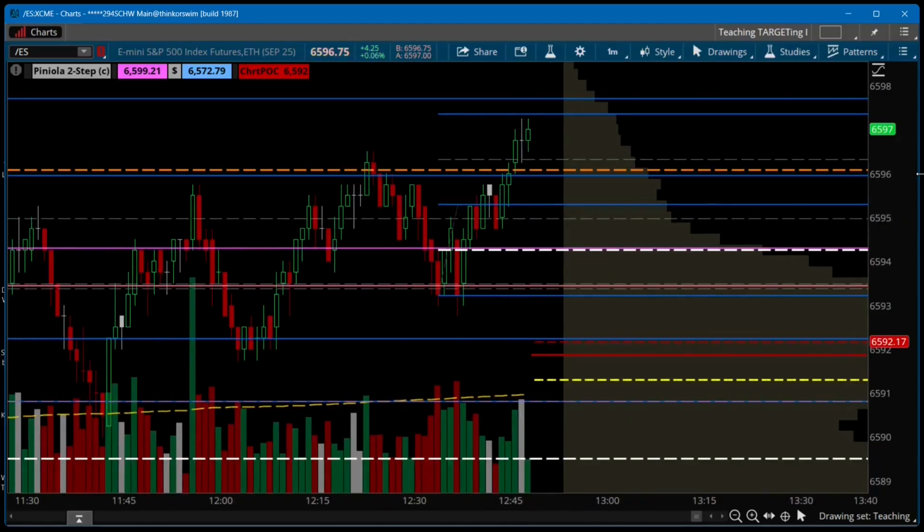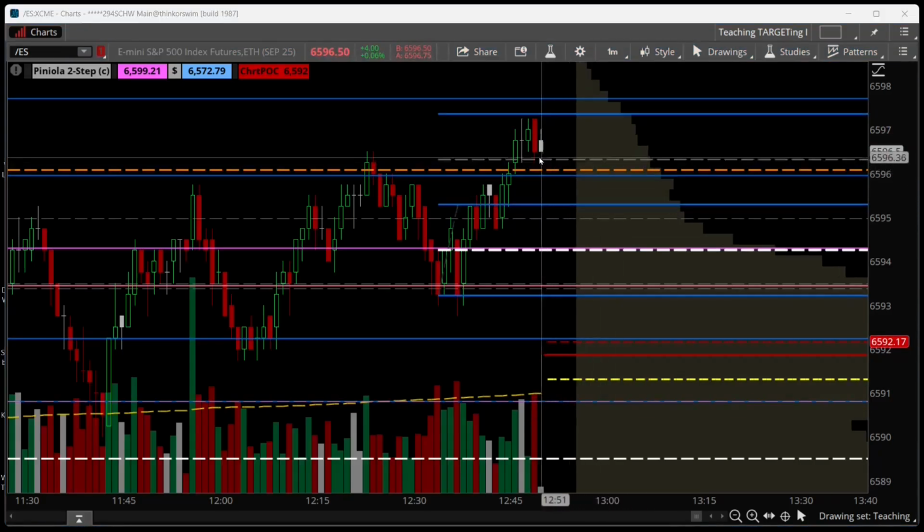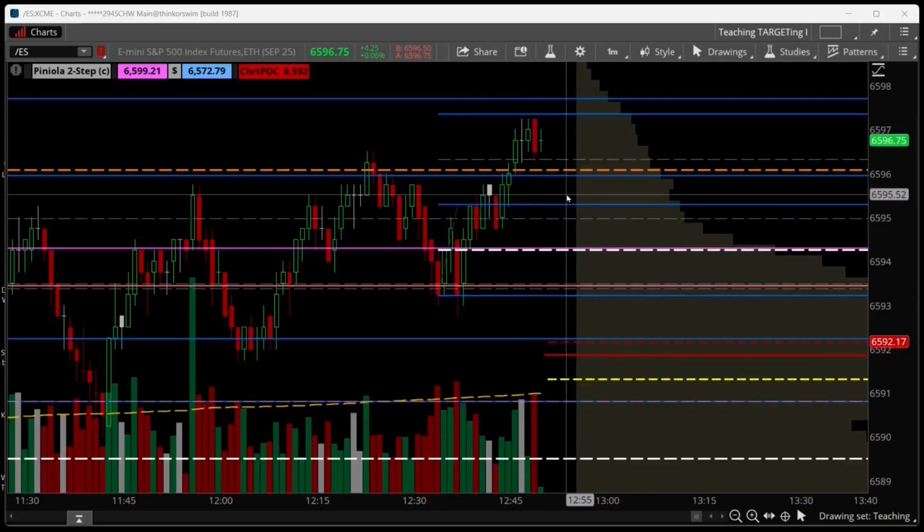And we're at that 96 level that we talked about earlier. Now, if I were to measure this, it would probably put us down into here for the second move.